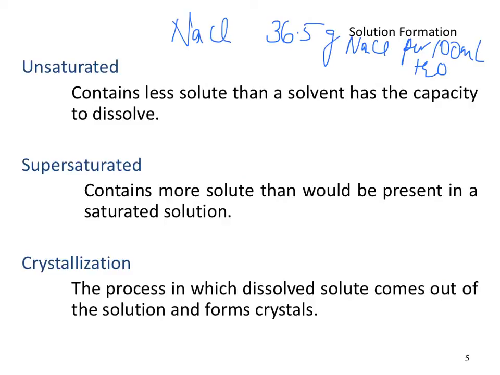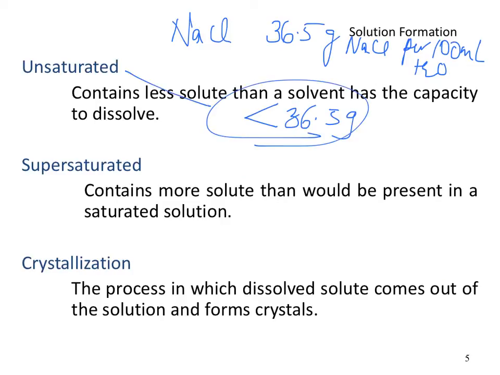So anything less than the saturated value is going to be called unsaturated. So what have we learned? There can be many unsaturated concentrations. There is only one saturated concentration at a given temperature for a given solvent.